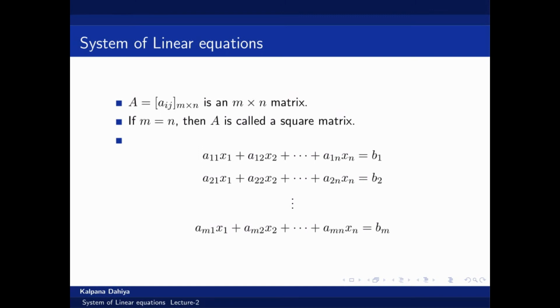So consider a system of m equations in n variables. Here matrix A is a_ij, m times n. This is the coefficient matrix. If m is equal to n, that is the number of equations is equal to the number of variables, then this A is called a square matrix, and this is the given system of equations, m equations and n variables.